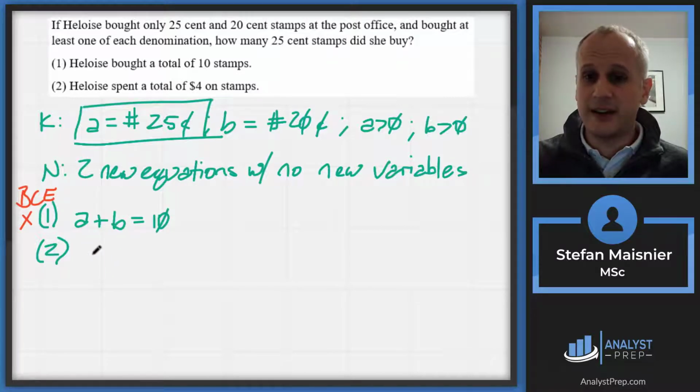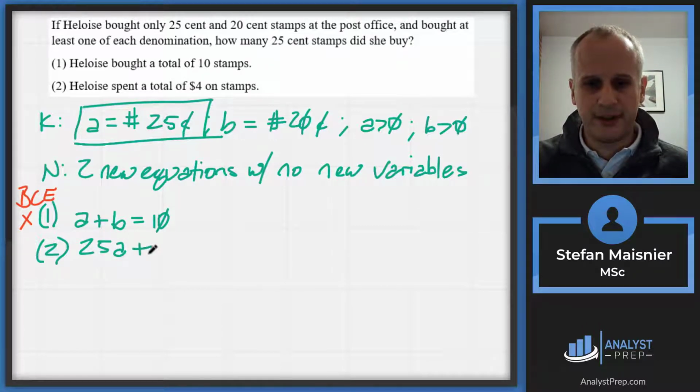Then, condition 2 says that Heloise spent a total of $4 on stamps. So now we've got to incorporate the cost of each stamp type. So we know that 25A, so 25 cents per A, plus the 20 cents per B is going to be equal to the total. Now, make sure you don't confuse the dollar with the cents, so let's just convert that dollars into cents as 400.